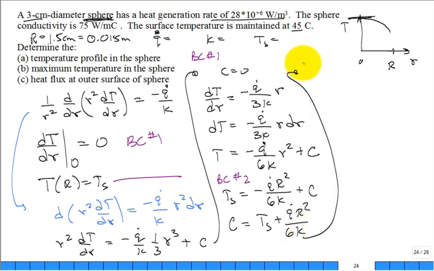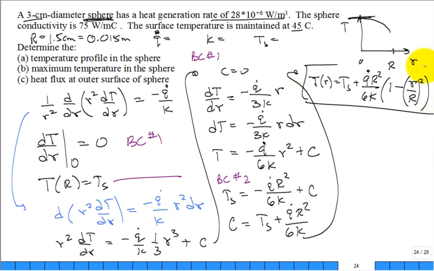Then our solution is the temperature as a function of lowercase r: the surface temperature plus q dot R squared divided by 6k times 1 minus lowercase r over cap R squared. It's quadratic, just like we had for the plane problem. So that's our solution for the temperature profile in the sphere.